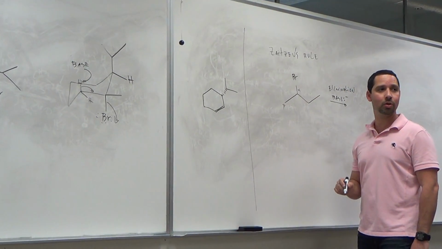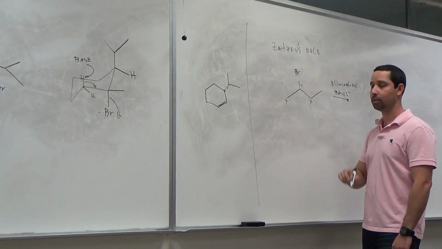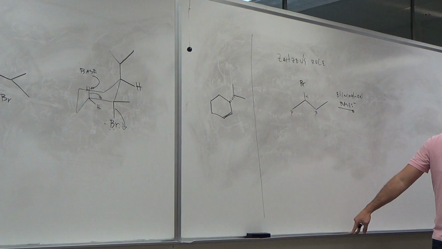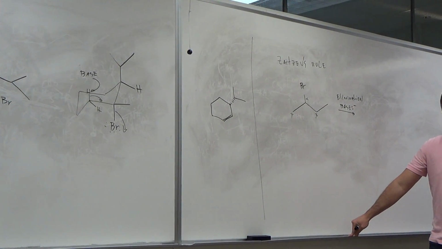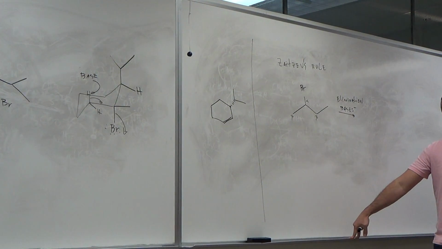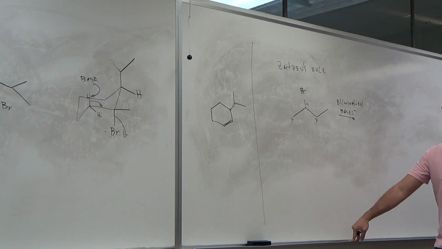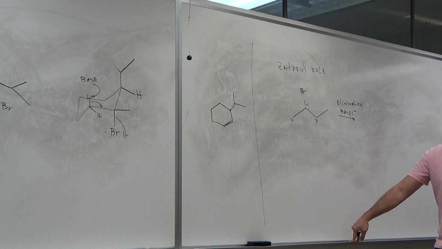Here's a beta, yes or no? Yes. And here's another beta. I'm sorry, what was the difference between the beta and the alpha? The alpha has the Br on it. See like this? The one that has the leaving group, that is the alpha. Okay? You feel me? Yes or no?